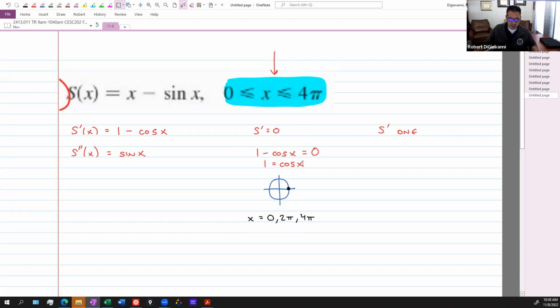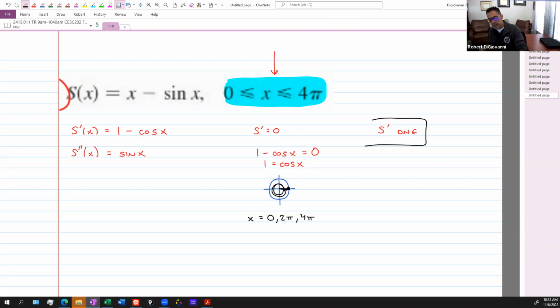When is cosine of the angle 1? Whenever we are at this point, because the x coordinate is 1. And then we ask, what is the angle? It's either 0, or you can go all the way around, that's 2 pi, or you can go around twice, which would be 4 pi. And I only look between 0 and 4 pi. Technically, there's an infinite number of answers.